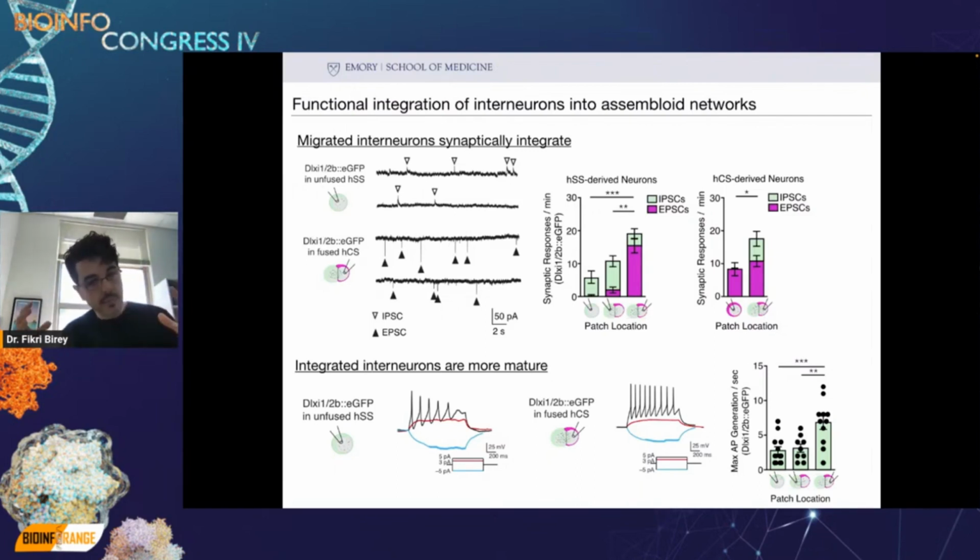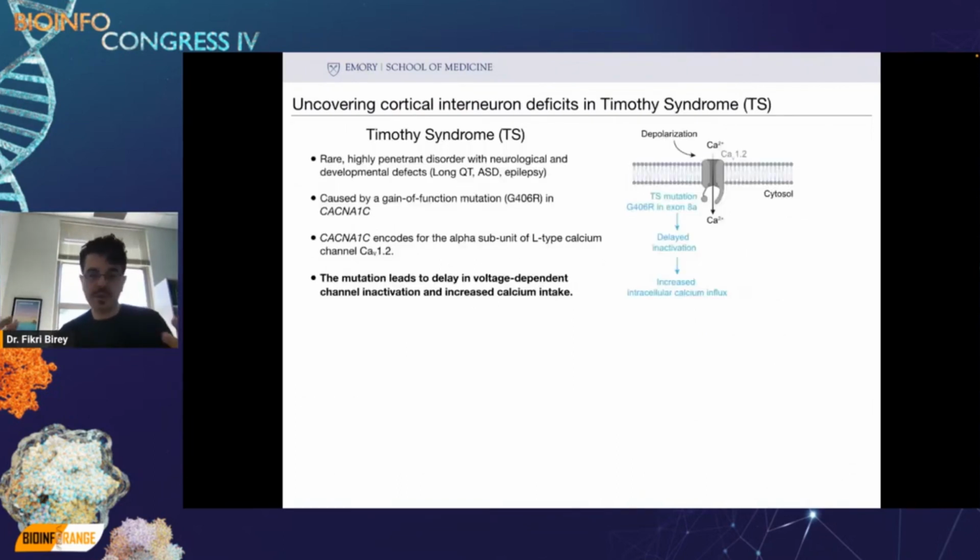And we thought, okay, maybe we can now use this model to uncover some new insights about disease, and really fulfill the promise of a model like this. And we got really interested in this particular syndrome when I was in the Pasca lab. This is Timothy syndrome. So I'll give you a brief overview of what the syndrome is.